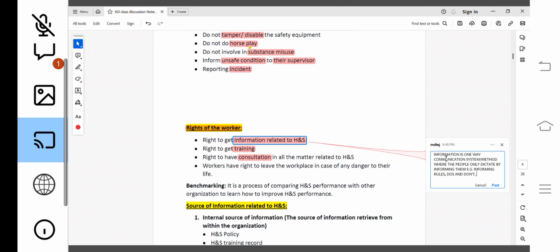These are some kind of information. Management will pass a rule and then everyone has to follow that rule, isn't it? It is a one-way communication.